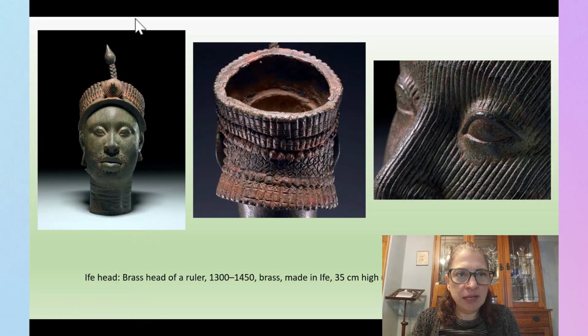This head and many of these heads are in the British Museum in London. And I want to bring that up, and we'll be talking about this even further next week.